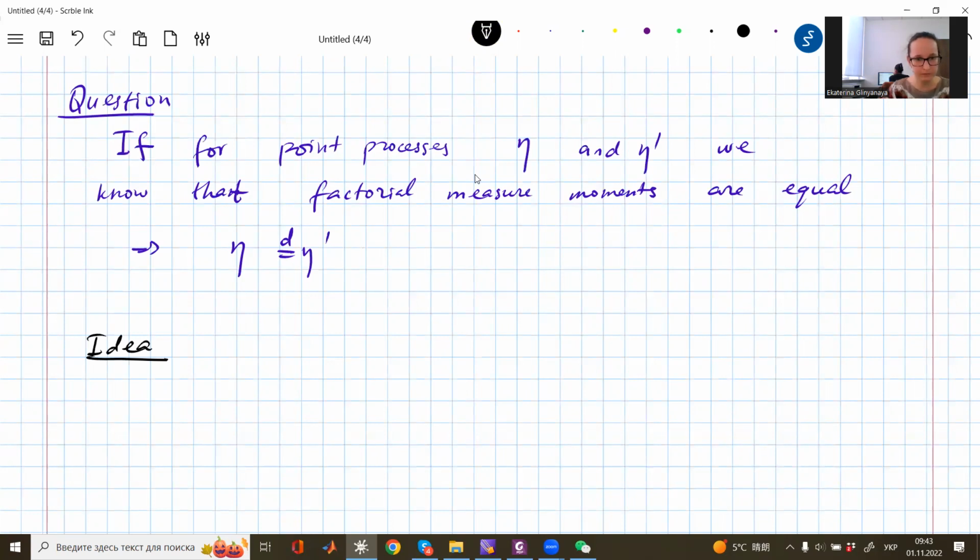So I will write: equal in distribution if and only if, for any positive function u from x to R plus, we have that their Laplace functionals of eta of u is equal to that of eta prime.